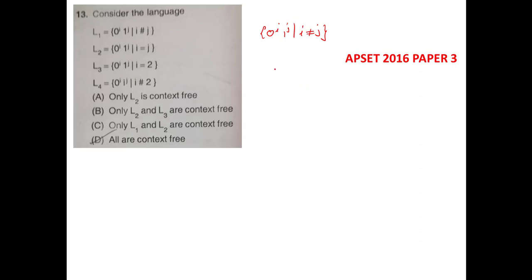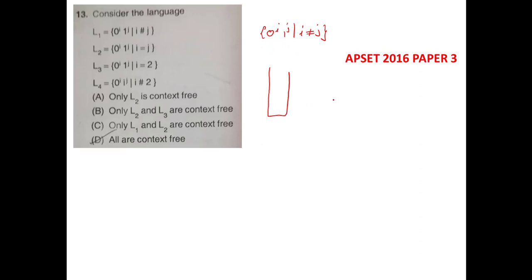Here the i and j are not equal. It means that for every 0 we have to push it into the stack, and for every 1 we have to pop a 0.